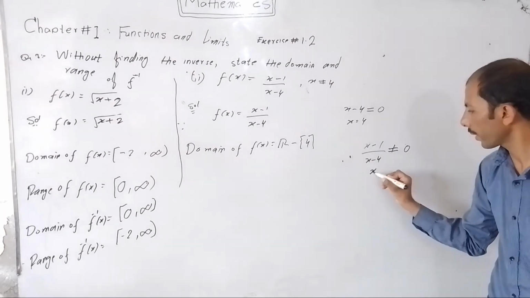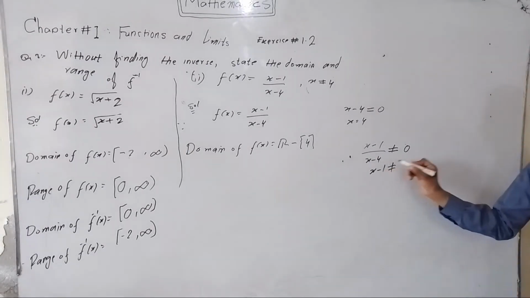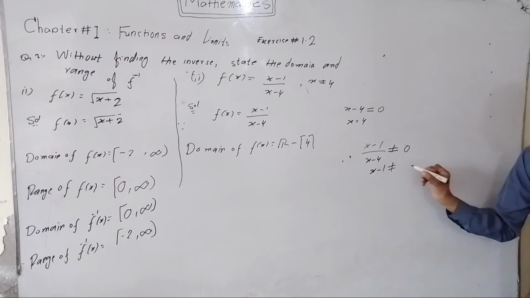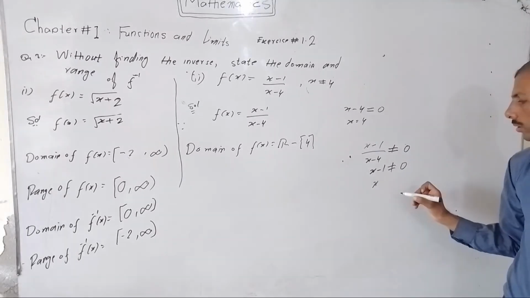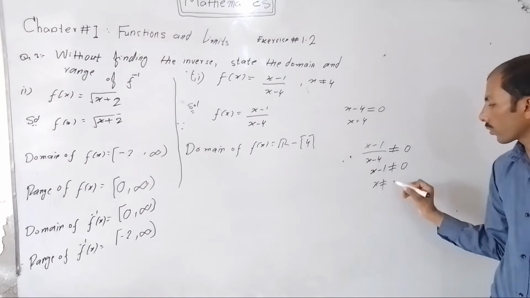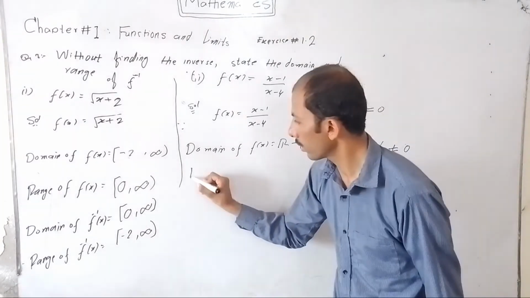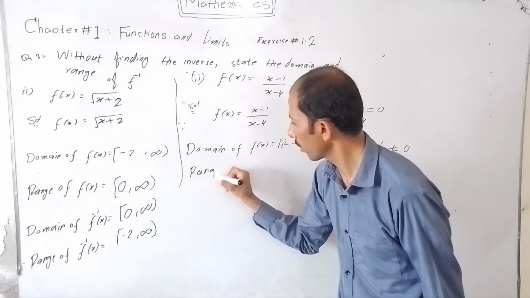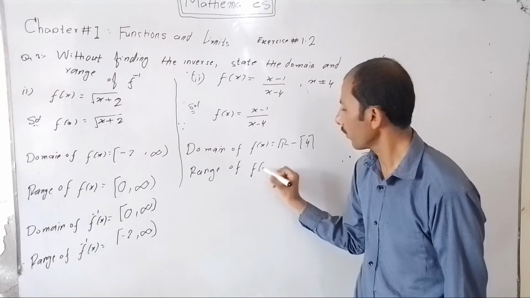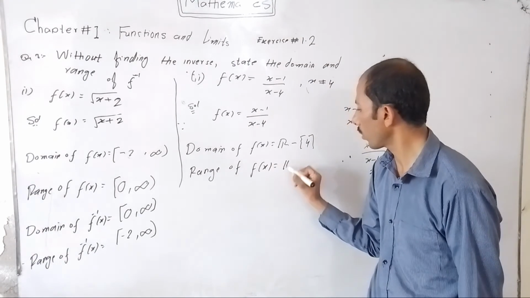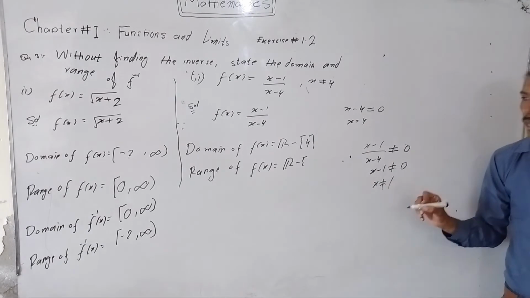So x minus 1 not equal to x minus 4 multiplied by 0, which is equal to 0. So x not equal to 1. So range of f of x is equal to all real numbers other than 1.